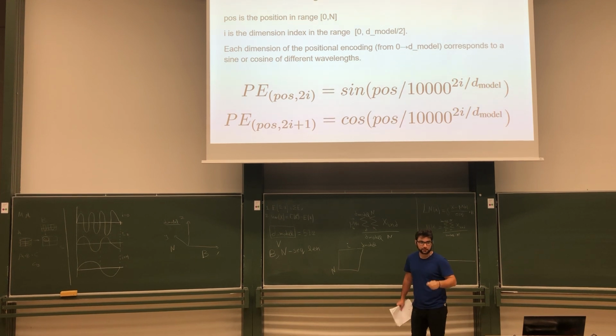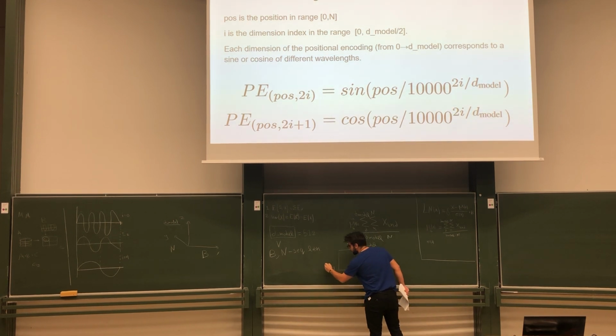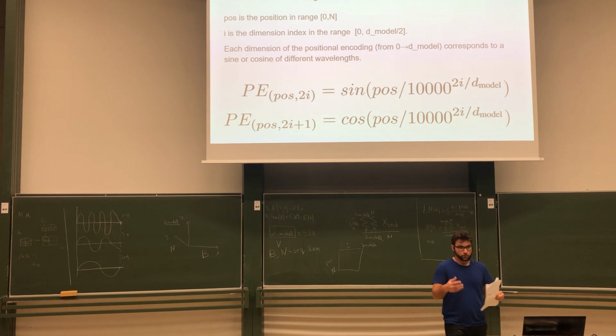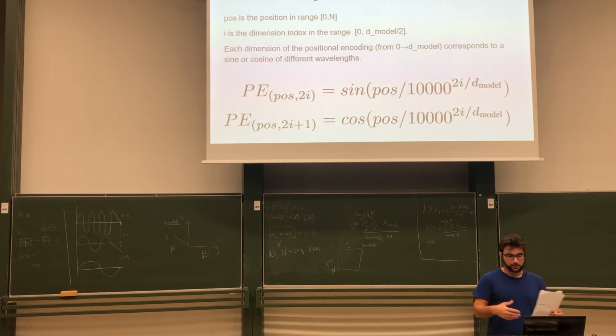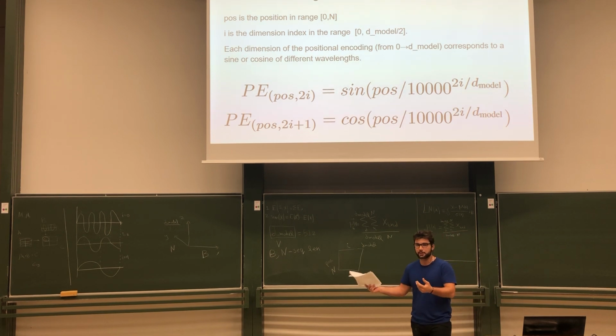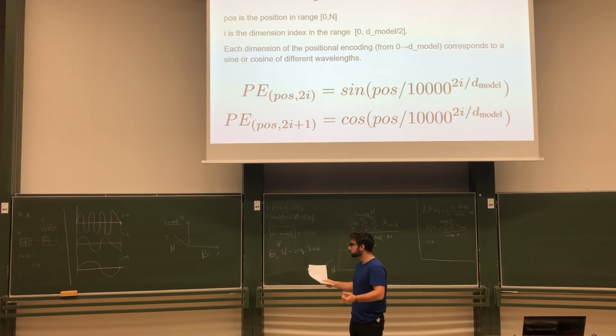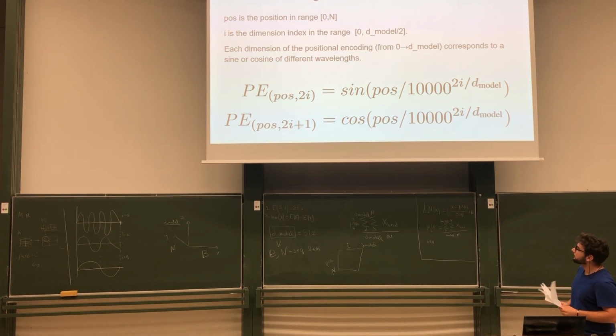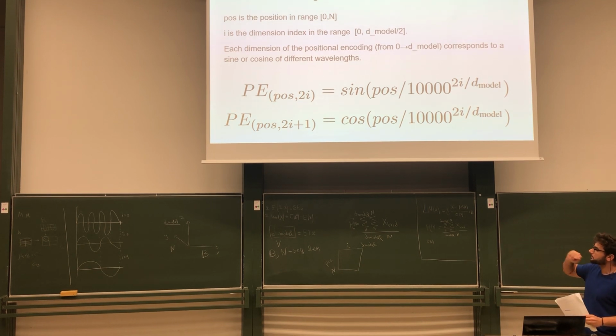And the index for the sequence is pos, from 0 to the maximum sequence length. So we vary both of them in practice. There is no theoretical justification as to why we do this. As you do the exercise, you will implement this yourself.